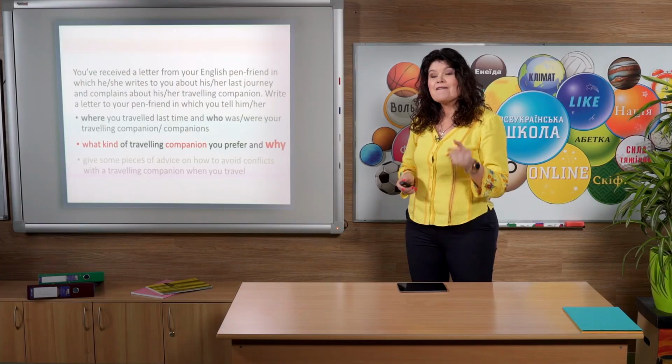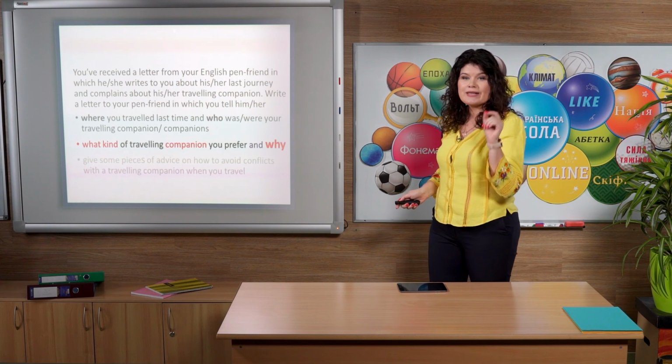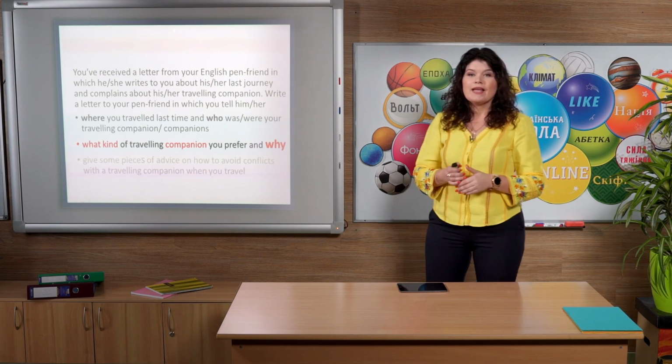What I strongly recommend you to do is, every time in the task of the letter, find the condition with the word why and circle it. Because it's rather short word and sometimes you can't notice it at all and forget to give the reasons.